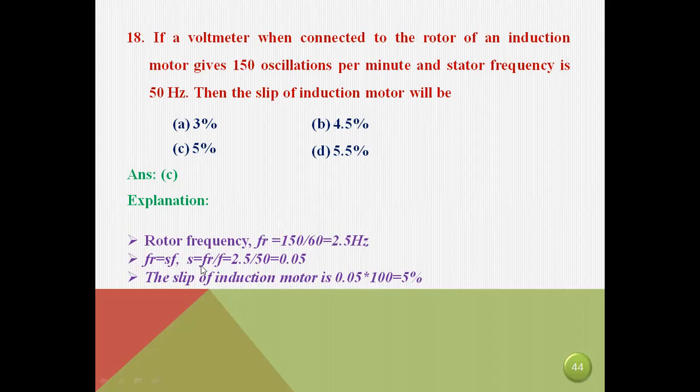Now you can take the value of Fr and put the stator frequency, which is given as 50. If you solve, you will get 0.05, but they have asked in percent, so 0.05 into 100 gives 5%. Sometimes they will confuse you by giving 5%, 0.5%, 0.05%. If you are writing in percent, you must multiply the answer by 100. So you will get 5%.